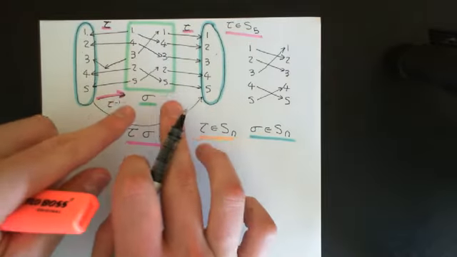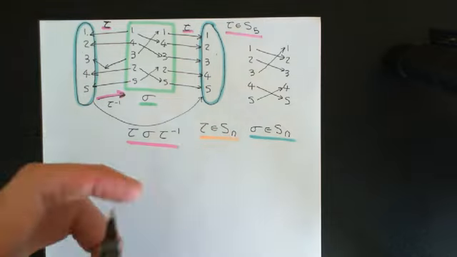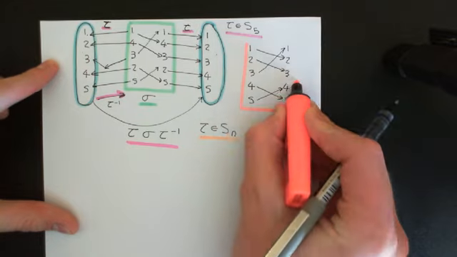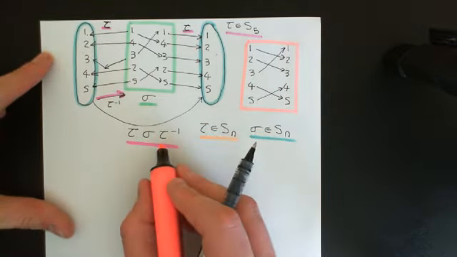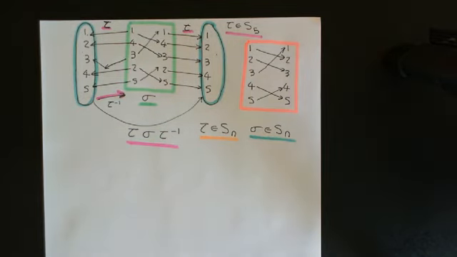So by relabeling the domain and the codomain, you can turn this element into another element of the same cycle type. And what does that actually correspond to doing? It corresponds to conjugating this element by some other element of the symmetric group on the set of n elements, where that other element is being viewed as this relabeling map, which is relabeling the elements of the domain and the codomain.